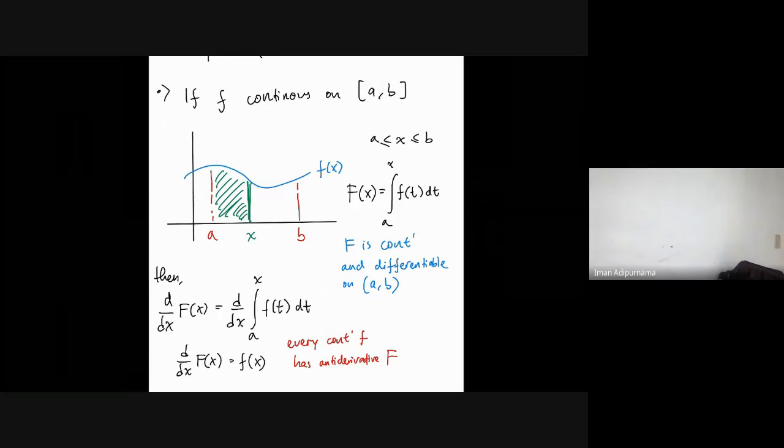Okay. So if we are observing any number in between a and b, let's say just x here, our antiderivative, let's integrate from a to some x, and let's use another symbol, another variable, not x, to avoid mistakes. So let's say the integral of f(t) dt.